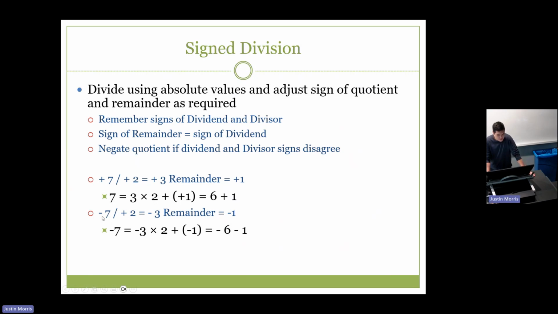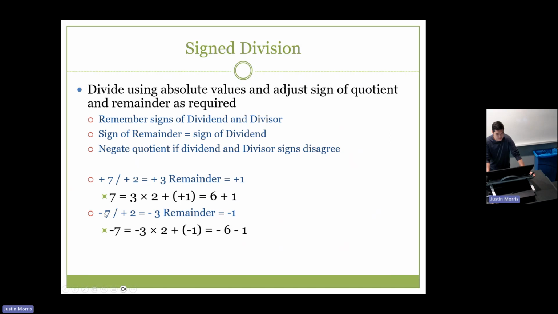And here we have -7 divided by +2. So we would flip -7 to be +7. We would get 3 with a remainder of 1. Our remainder becomes the same sign as the dividend, so we would flip it to be -1.